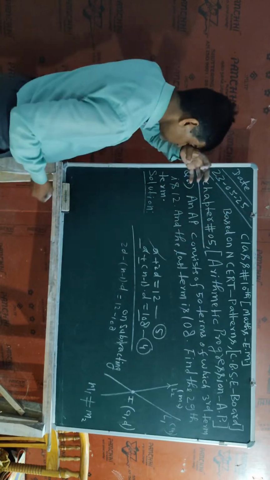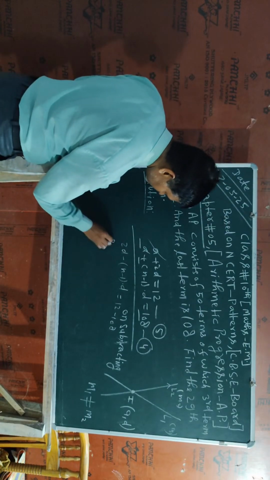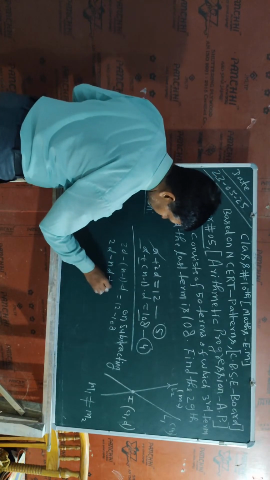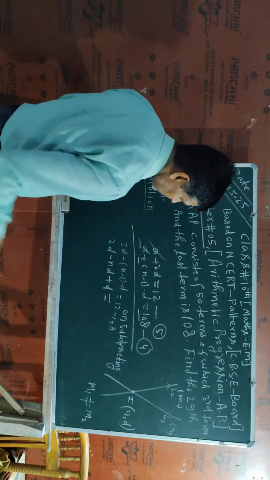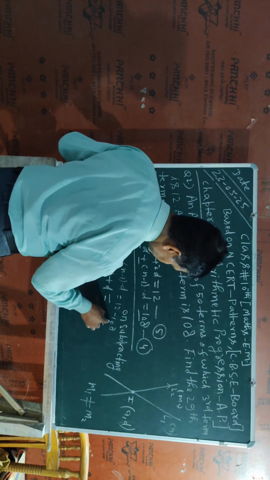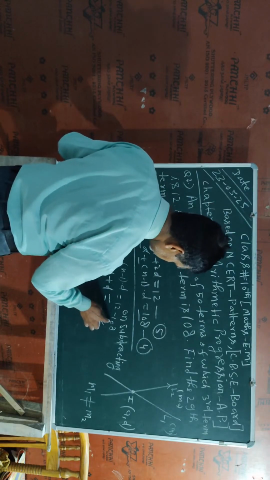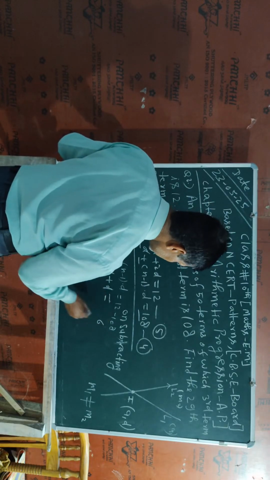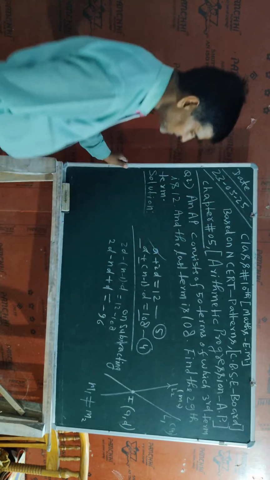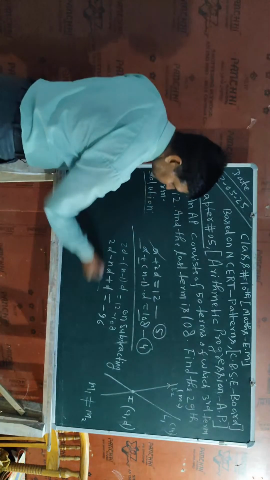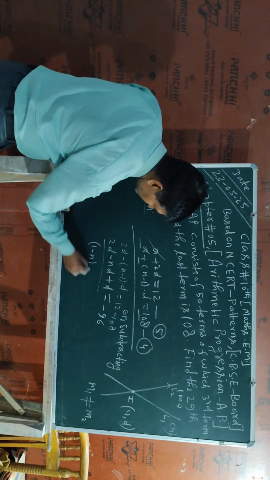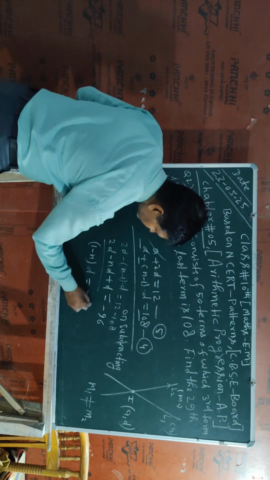Now further I will simplify here. After simplifying I will say 2d minus nd plus 1d, which is equal to minus 96. So here I will simplify. After simplifying I will say 1 minus n into d, which is equal to minus 96.